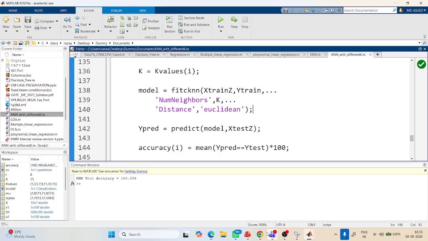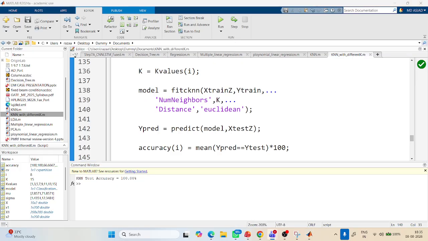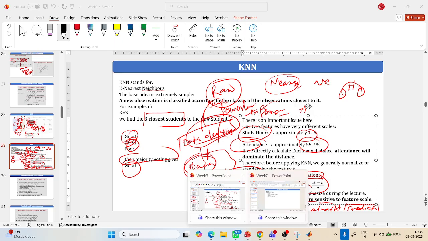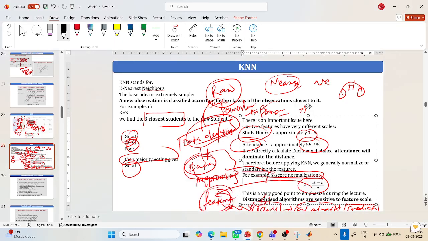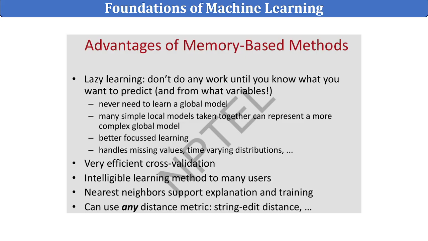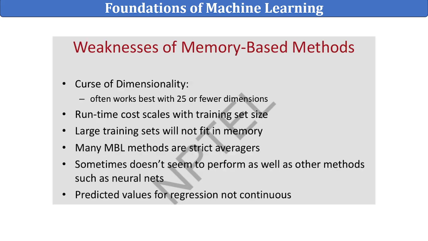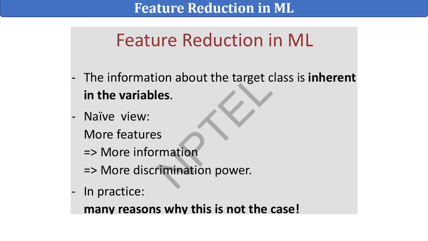I think we can go to the next part now. The next part is feature reduction, also called dimensionality reduction. Whenever we have too many features in a data set, the model will get confused.